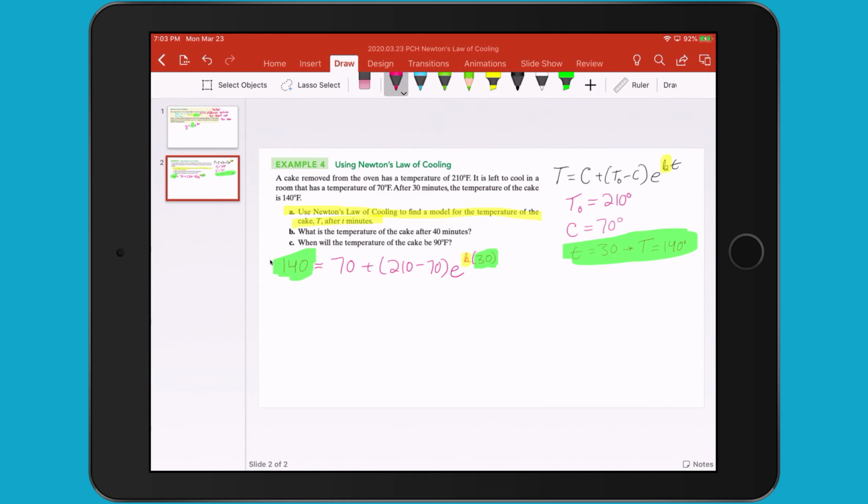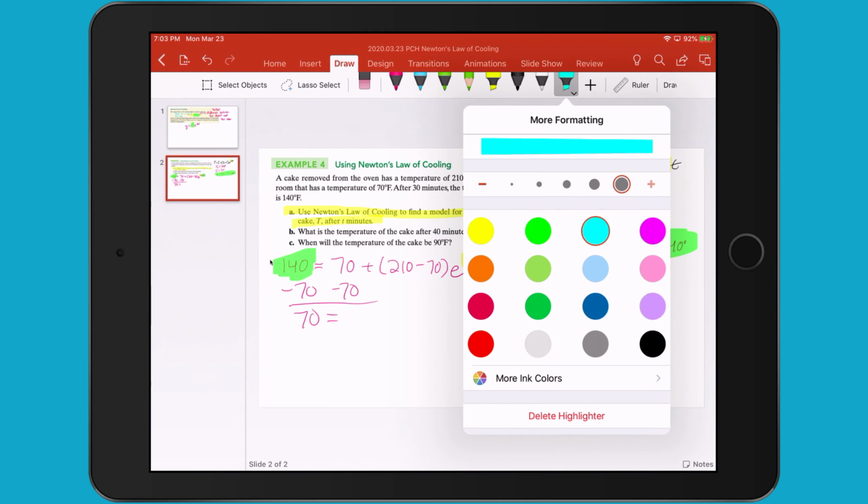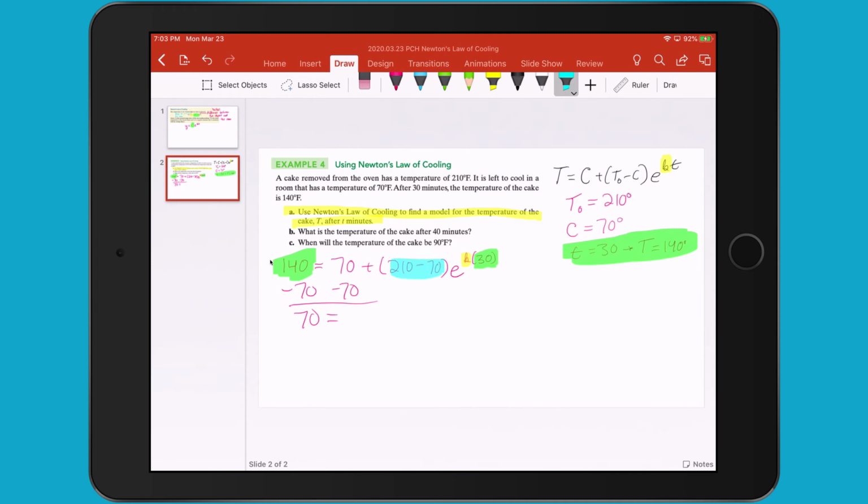Okay, so now from here it's algebra and maybe some logarithms. My very first step is going to be to subtract 70 from both sides. 140 minus 70 is 70. I'm going to work out the 210 minus 70, which is 140.